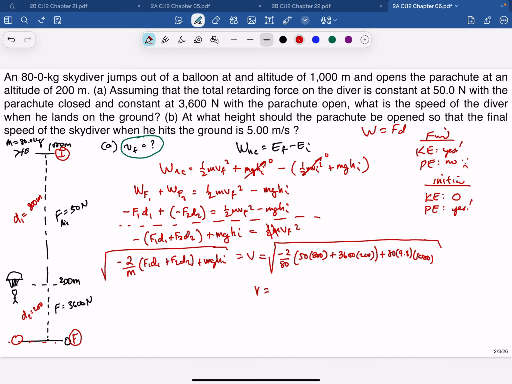Okay, so does anybody want to guess how fast this is? Well, you calculated it already? It's 24.5 meters per second, or approximately 55 miles an hour.